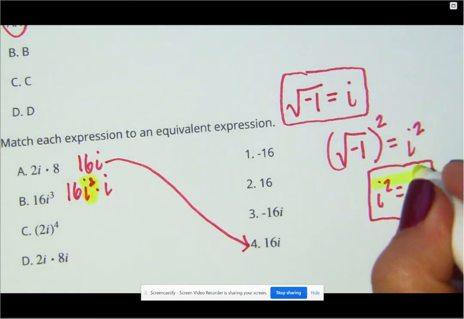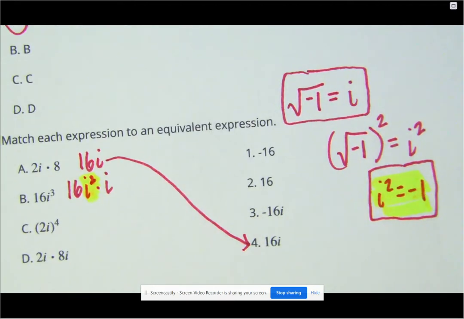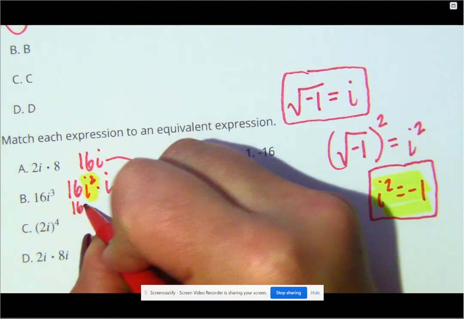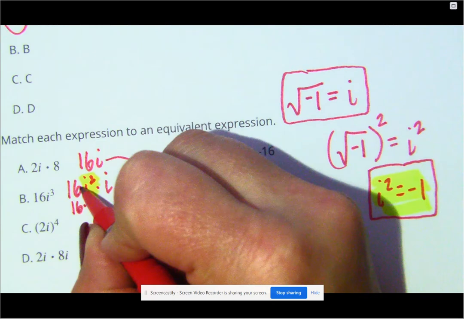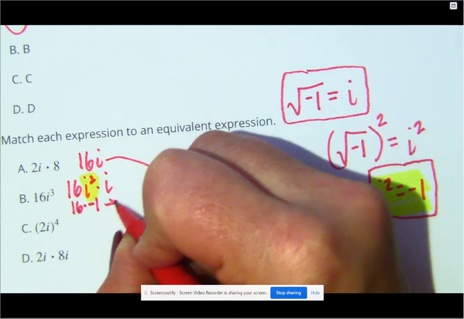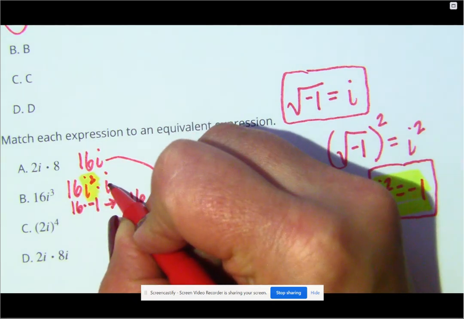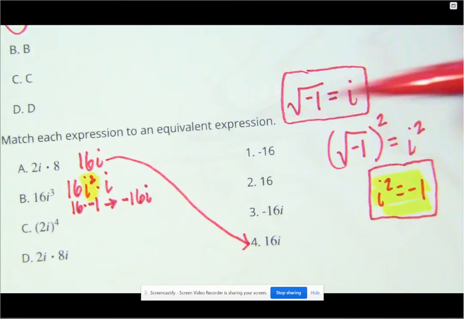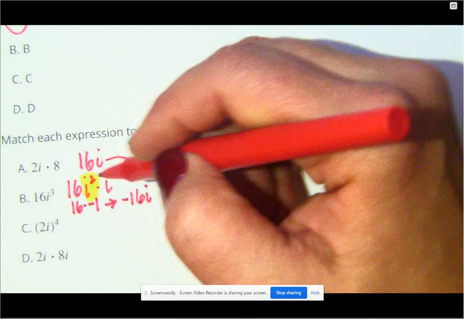So this is really 16 times -1, which would make -16. And then I've got the i after it, which can't be broken down any further. So the letter B is -16i. This one right here.